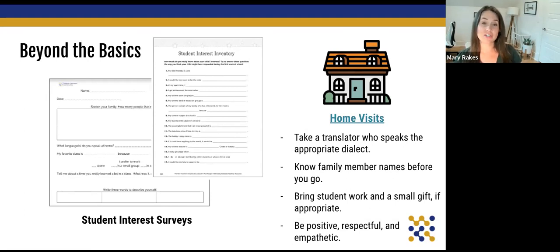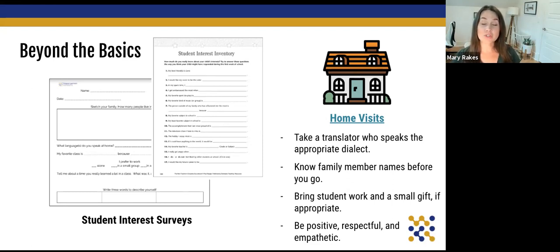One is student interest surveys, and I've linked two here on the slides. So after you watch this video, you can download the slides and click through, and all of these are linked. There are a few here that are in English, and I would encourage you to get these translated into our students' native language, or have a student or a peer work with them.